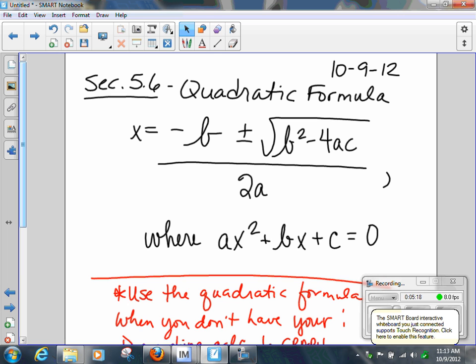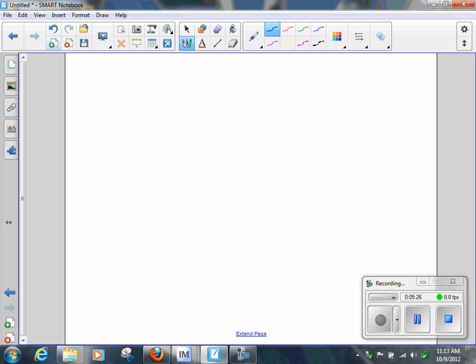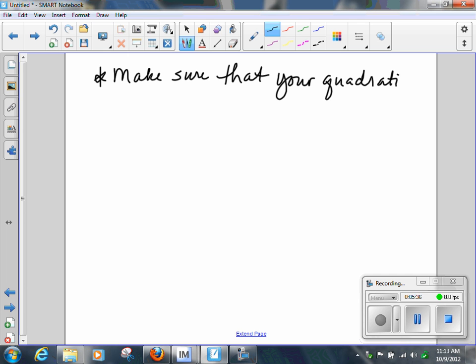Look at a, b, and c. Notice that your quadratic formula is already equal to what number? 0, okay? So let's always make sure that your quadratic equation equals 0, okay?